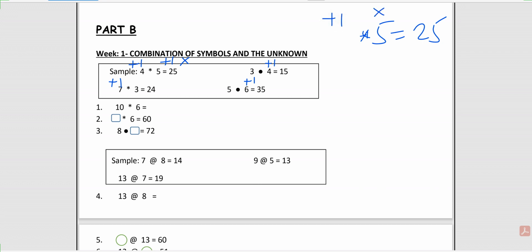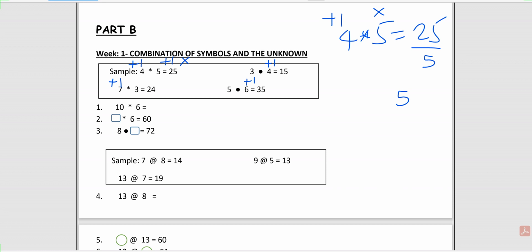So you work it backwards, doing the opposite of what you have done. Since we multiply first, the first thing we'll do is to divide by that 5, giving us 5. And you know you added 1 to the number to get 5. So what plus 1 will give you 5, and that is 4.